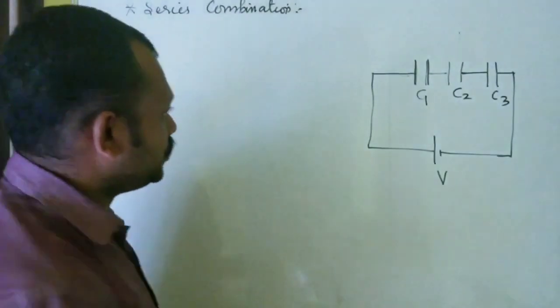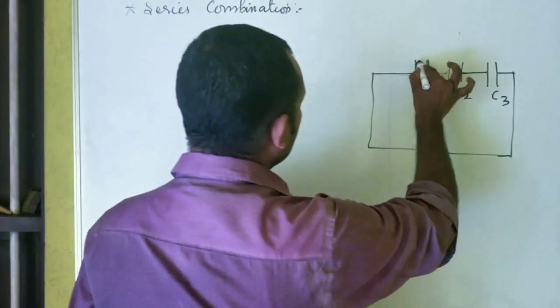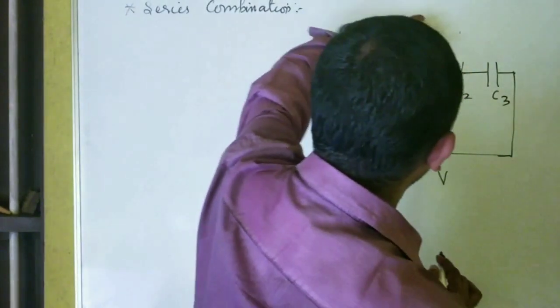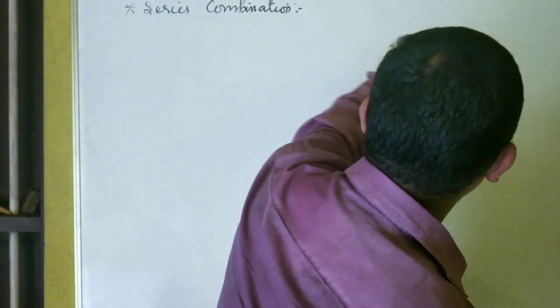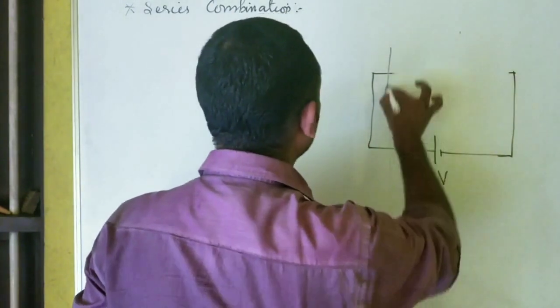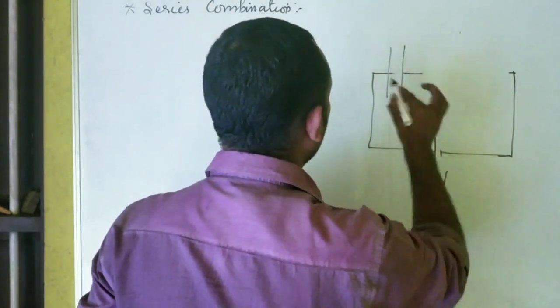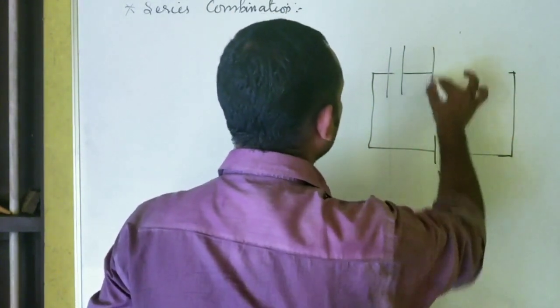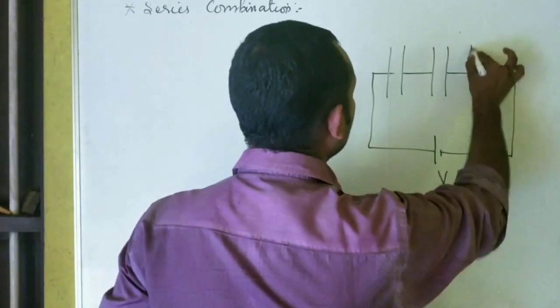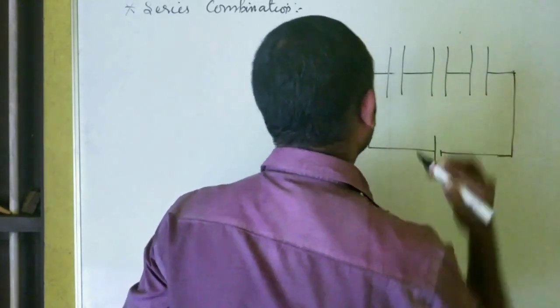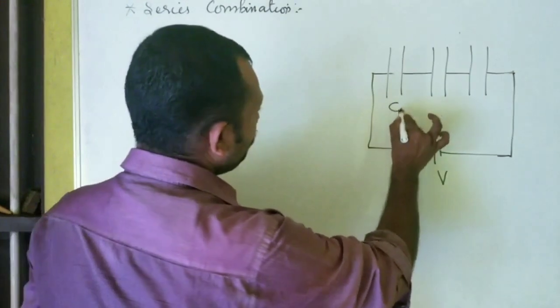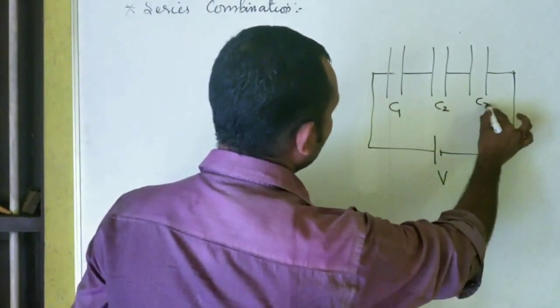Let us understand this. Let me make it slightly bigger for our proper understanding. This is capacitor 1, this is capacitor 2, this is capacitor 3. C1, C2, C3.